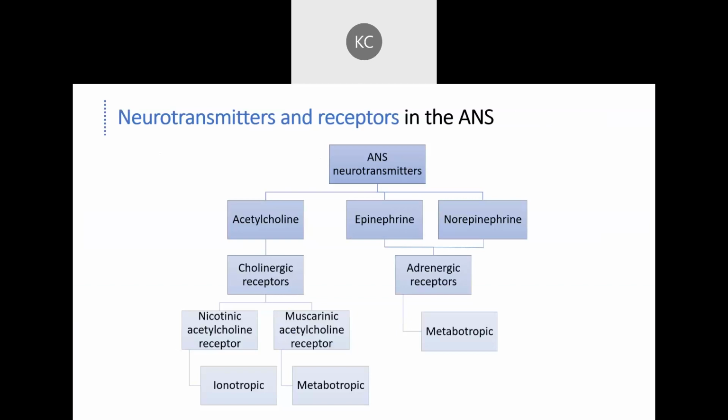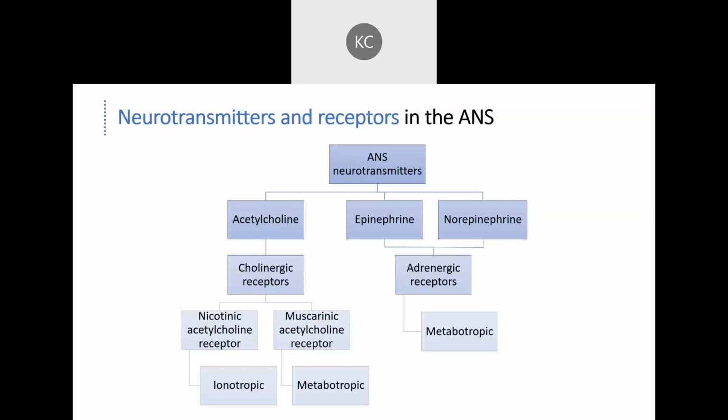So if it's acetylcholine, you bind to a cholinergic receptor. If you release epinephrine or norepinephrine, you bind to what's called an adrenergic receptor. For cholinergic and adrenergic, you have some kinds of subtypes. For cholinergic, what we'll talk about are called nicotinic and muscarinic receptors. These vary based on the way that they respond to their neurotransmitter.